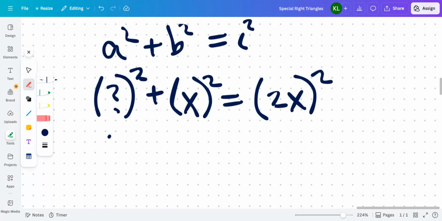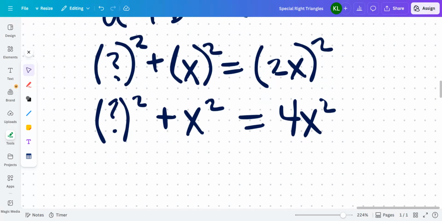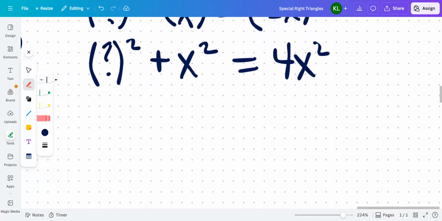So we're going to have our question mark squared plus x squared is equal to 2x times 2x, which is 4x squared. My goal is to isolate that unknown value, that question mark. So we need to subtract 1x squared from both sides of the equation.